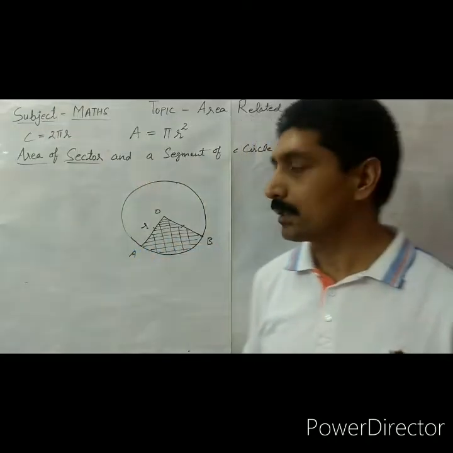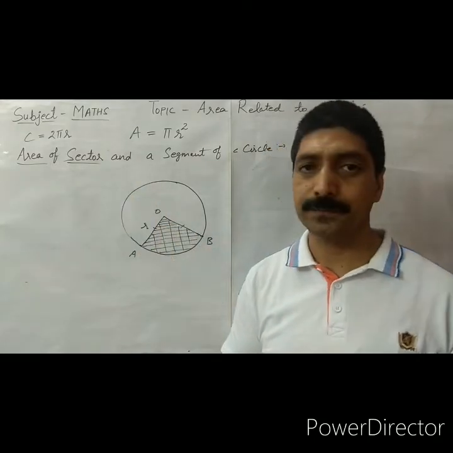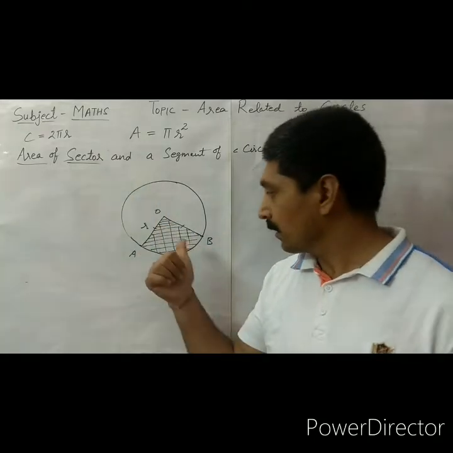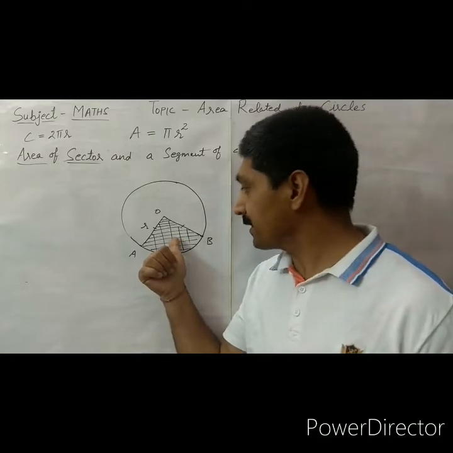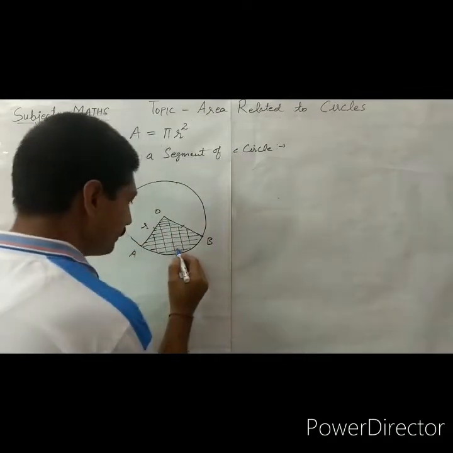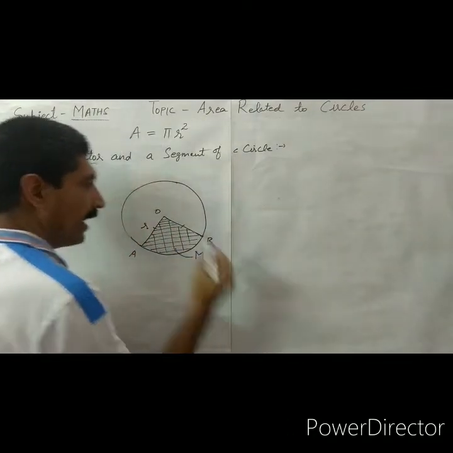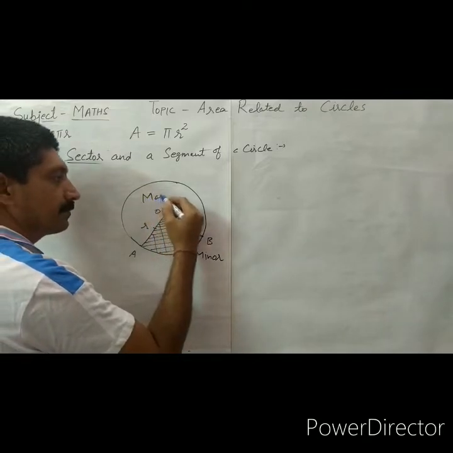Both the regions are called sectors. The shaded area is the minor sector, and the other is the major sector.